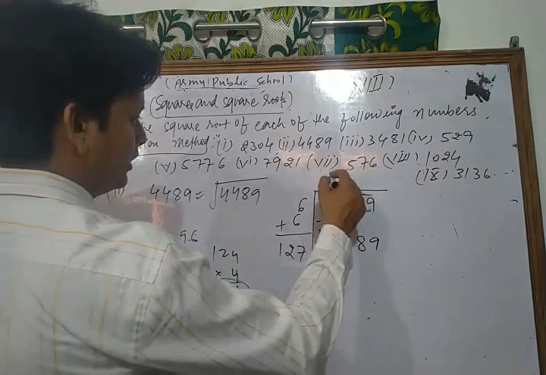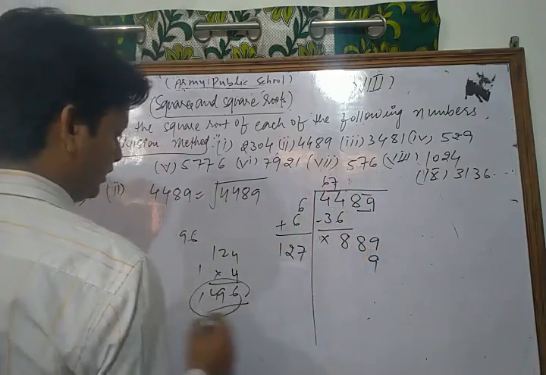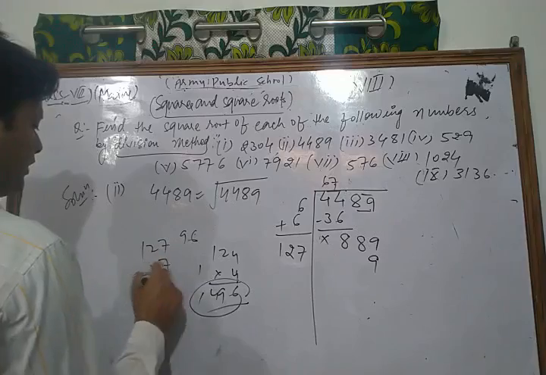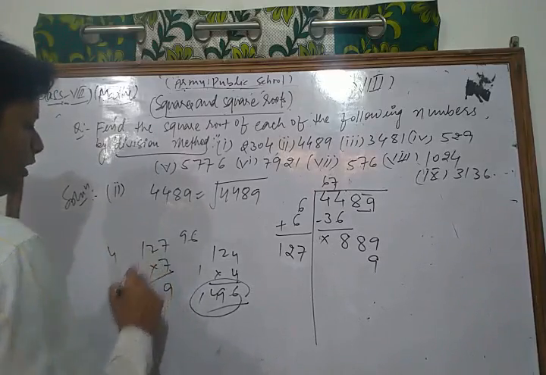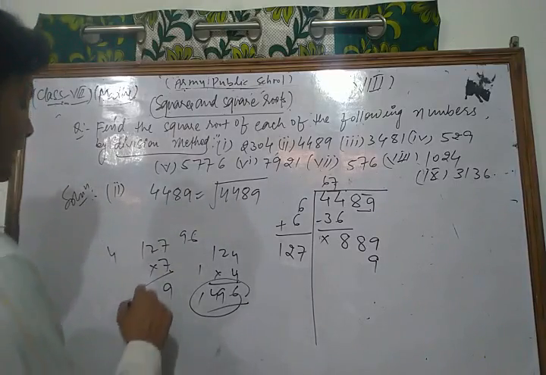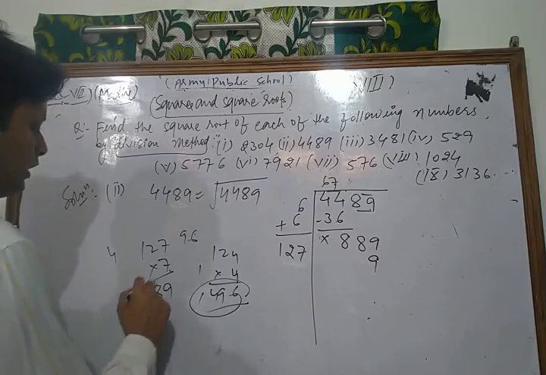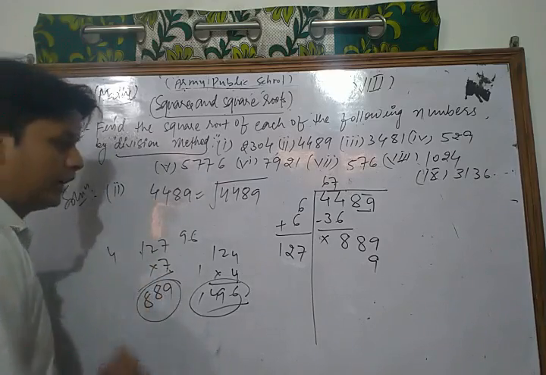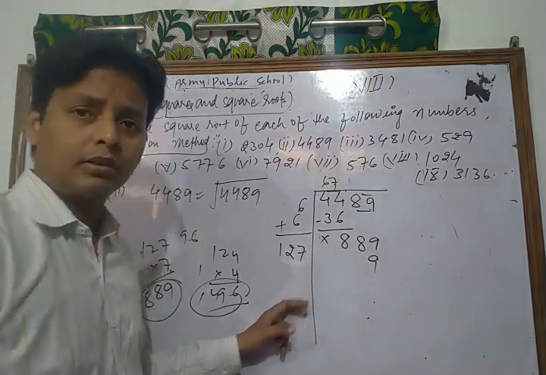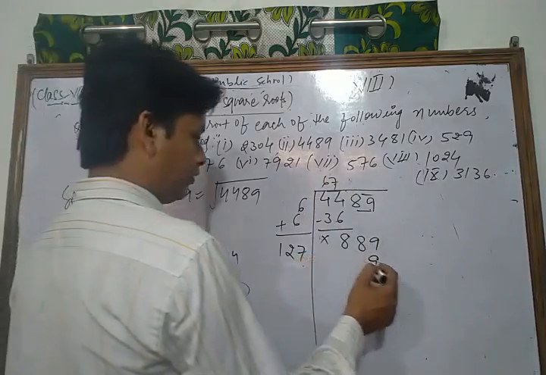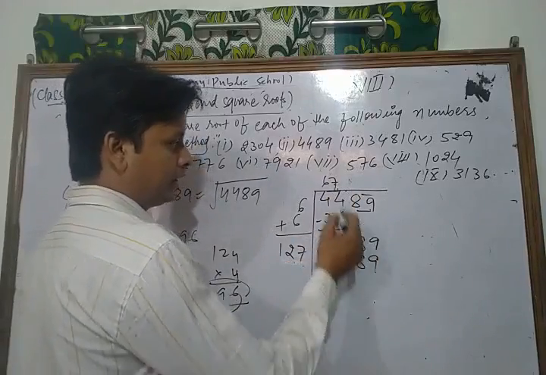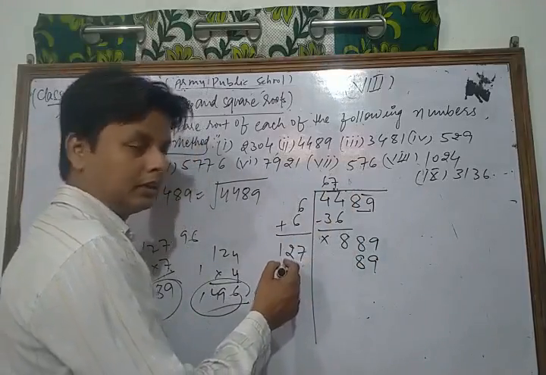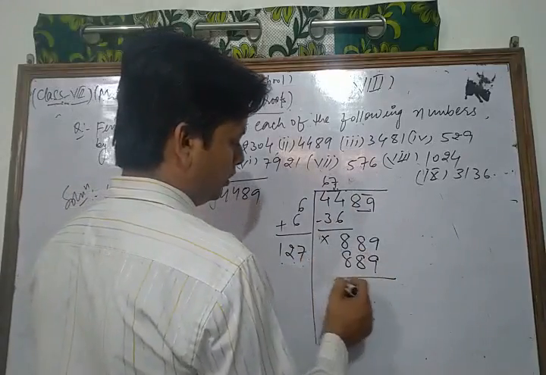Now let's see, 7 7 is 49, carry 4, 7 2 is 14, plus 4 is 18, carry 1, 7 1 is 7, plus 1 is 8, 889. So we take 7 times.